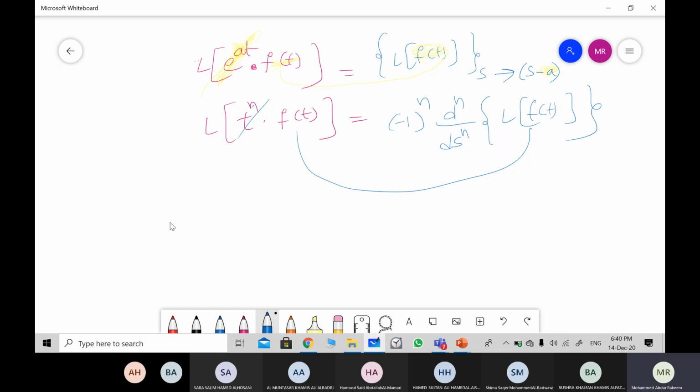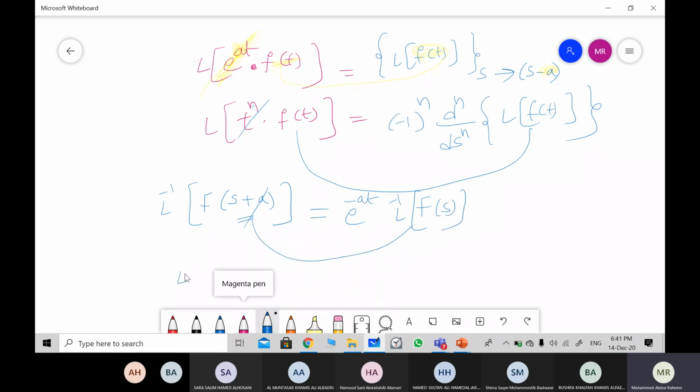This is for L. But for L inverse, the challenge will be this one. How to find s plus a? For that, e power, you want to cancel a, then minus at, L inverse, write s. The same one will be F(s minus a).